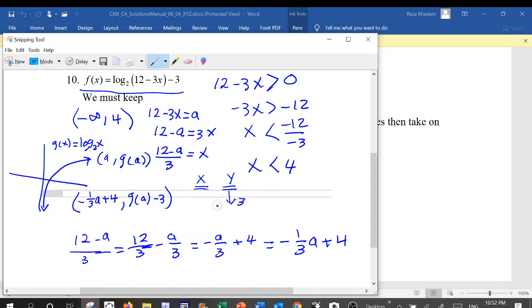Down 3. What about in x? Well, in x, we have to follow the order of operations here. So we multiply by 1/3. If you divide by 3 or multiply by 1/3 on the points, then you get a horizontal shrink. So it's a horizontal shrink, right, by a factor of 1/3.